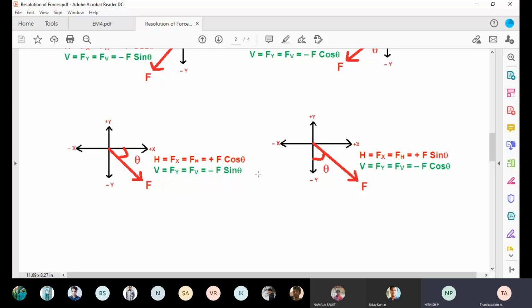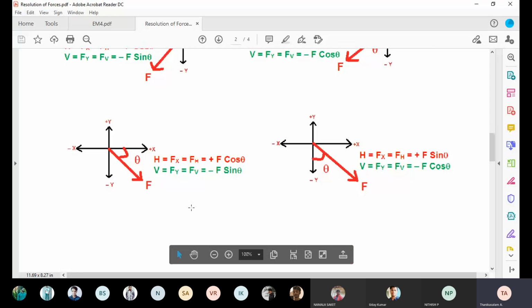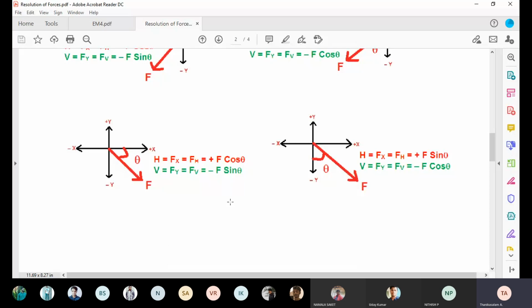Excellent, excellent. So students, for any inclined force, you must resolve like this. I am repeating, this subject is not only memorizing. You should have brain and mind. Mind means thinking how. Brain means whether it is right or wrong.